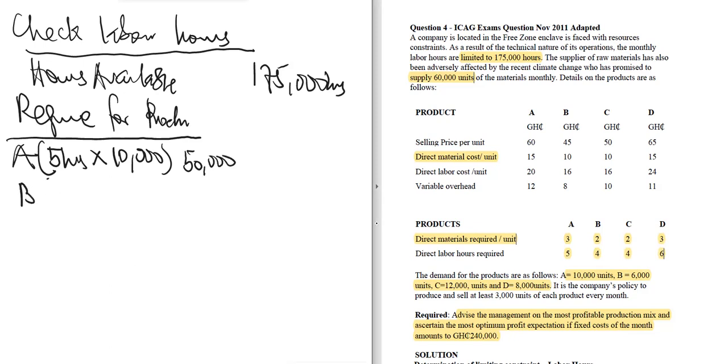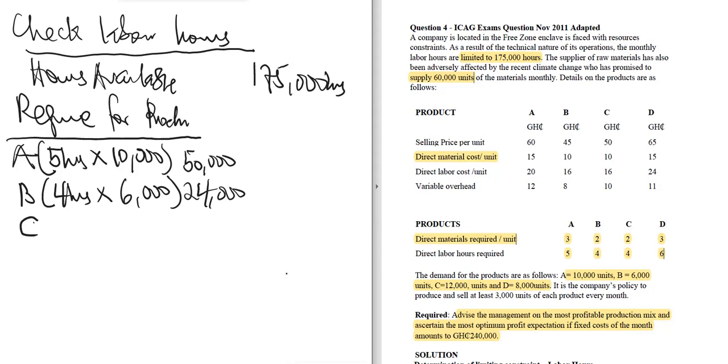When we get to product B, it tells us we are using 4 hours each, but we are producing 6,000 units. That means we need 24,000 hours. For product C, it tells us how many units we are producing.